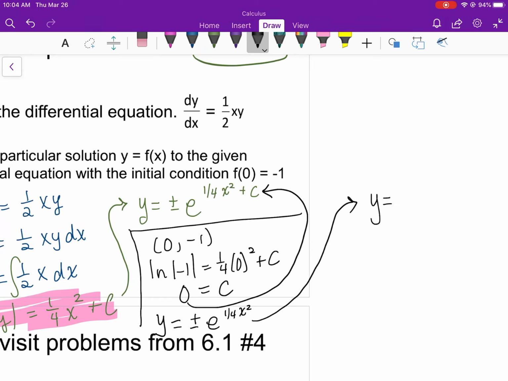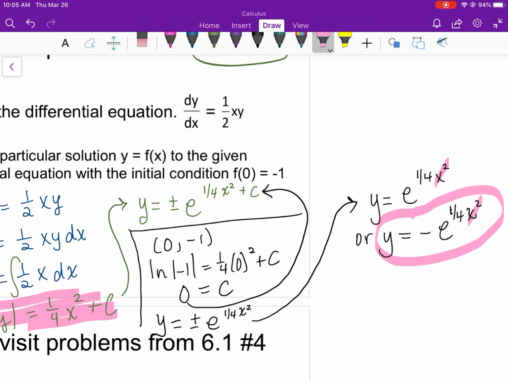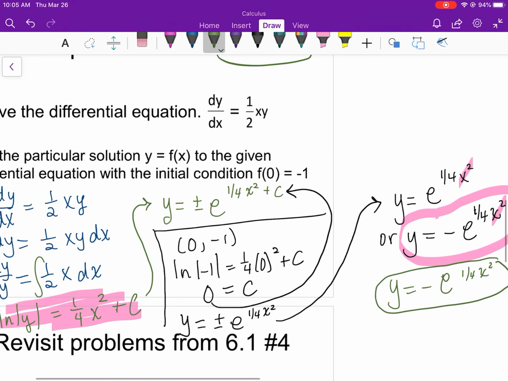So is it going to be y equals e to the 1/4 x squared, or is it going to be y equals negative e to the 1/4 x squared? When I plug 0 in for x, here and here, which equation gives me the -1 that I need back? Well, the answer is this one. So y equals negative e to the 1/4 x squared is your equation.